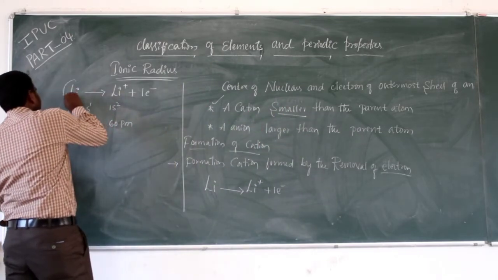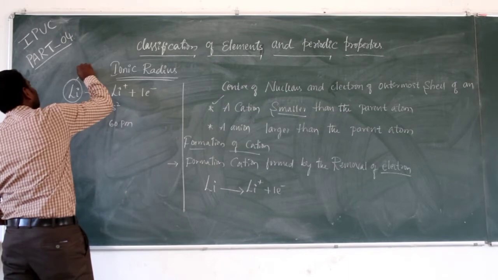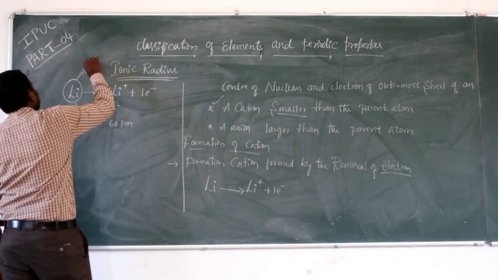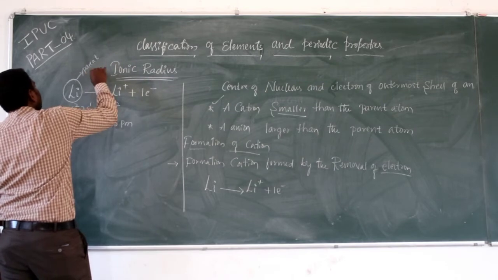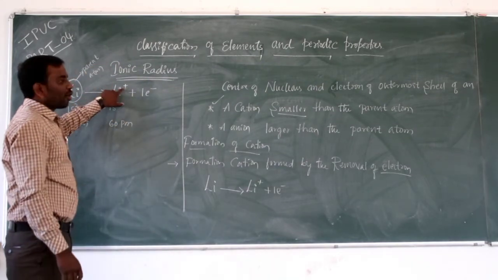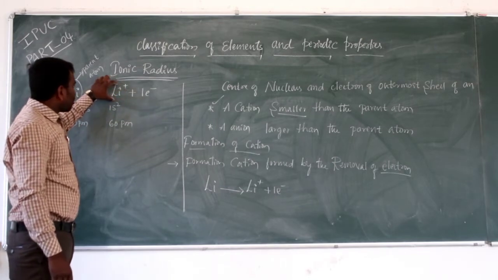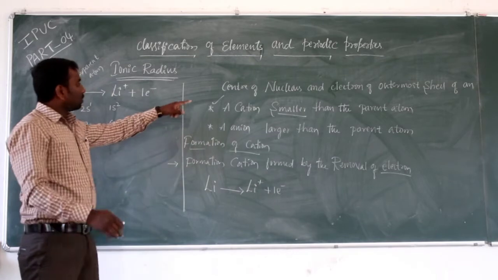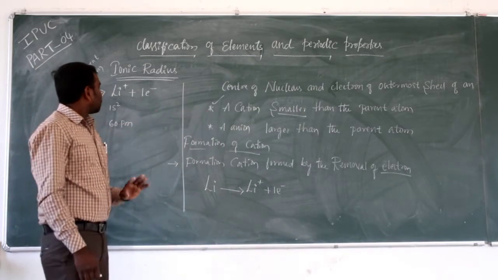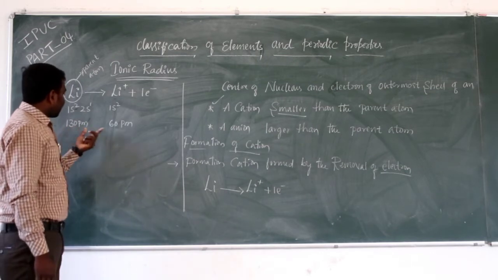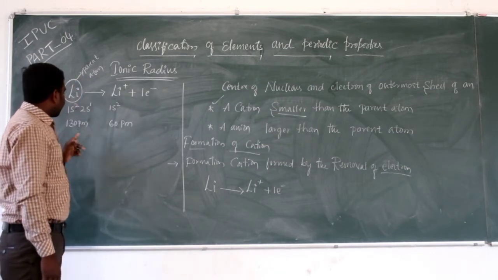This lithium acts as the parent atom. Is it clear? This lithium ion acts as the cation. Is it clear? Okay, understand? See, come to this point. Already they have given the ionic radius.